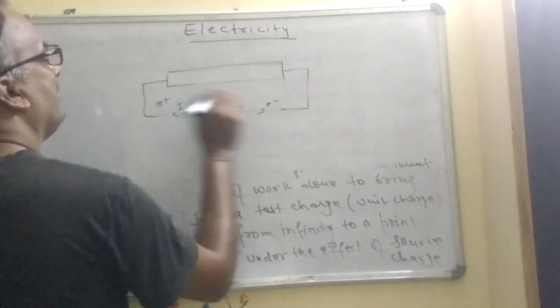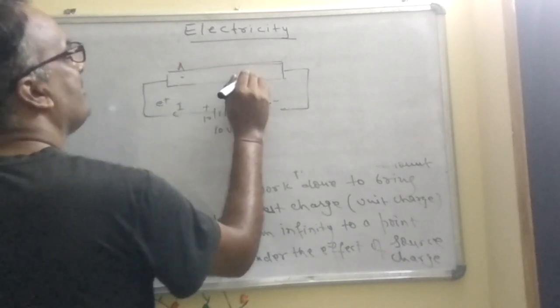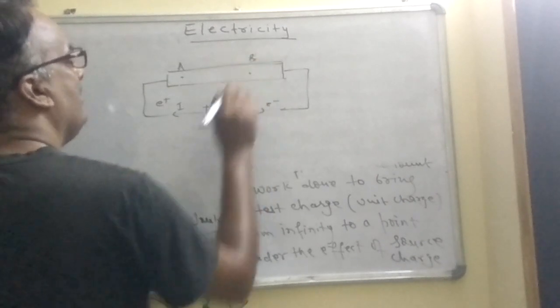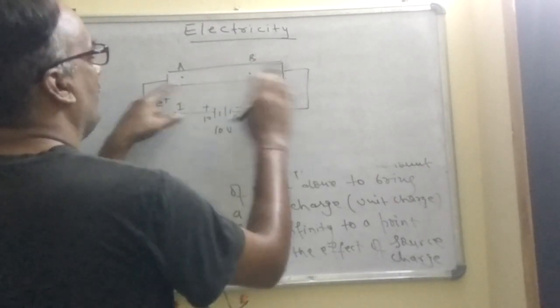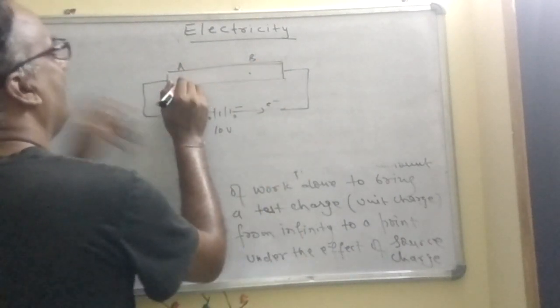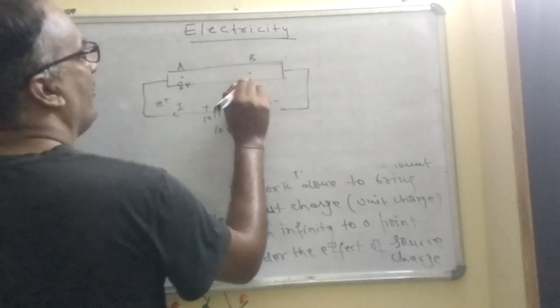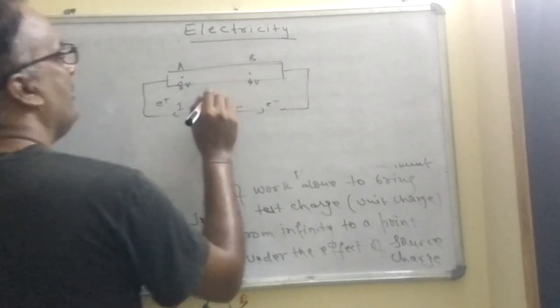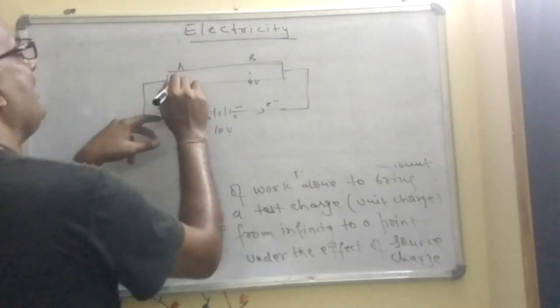Suppose this charge is brought from this point A to this point B. From this end to this end there is 10 volt here and 0 here, so there is a potential difference. Suppose here I take 8 volt and here 4 volt. So potential difference is what, when this charge is moving from point A to point B?